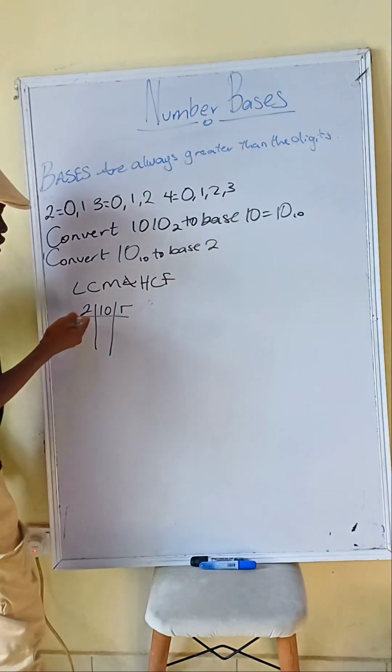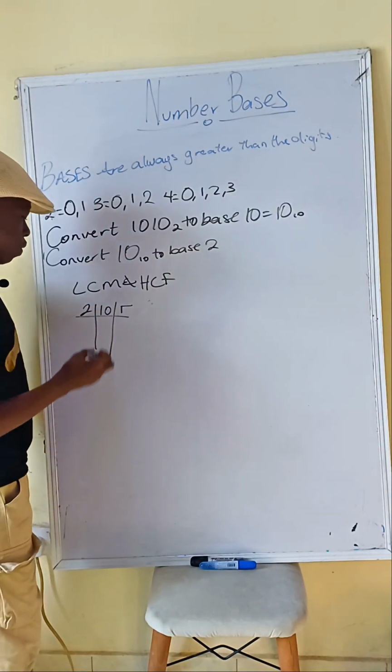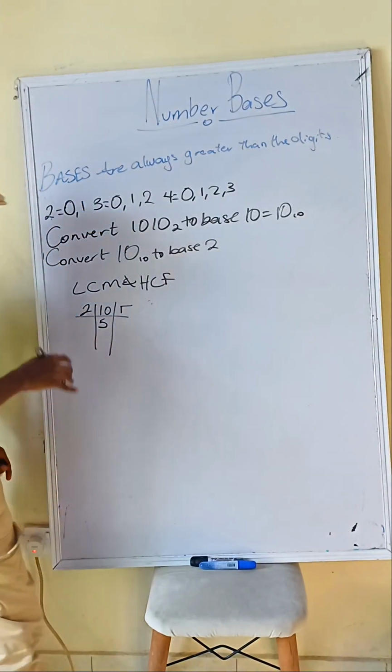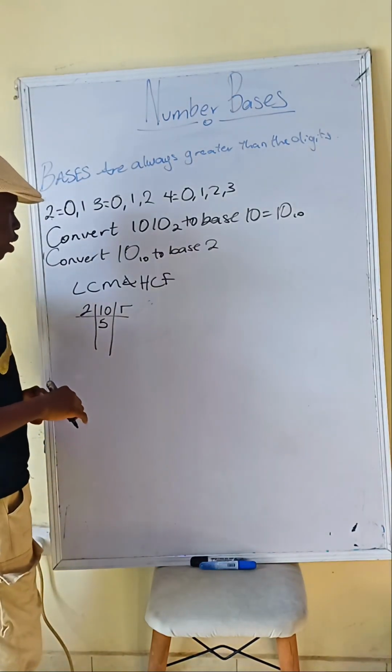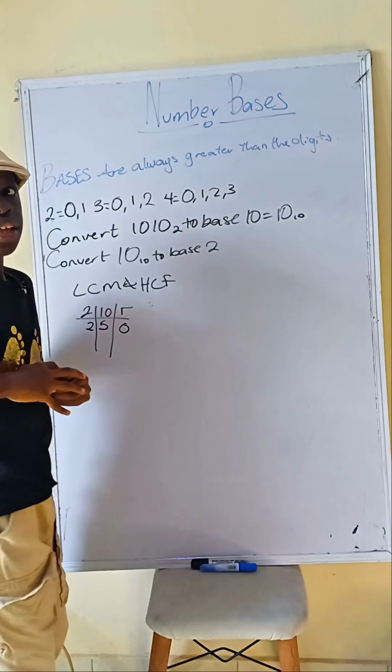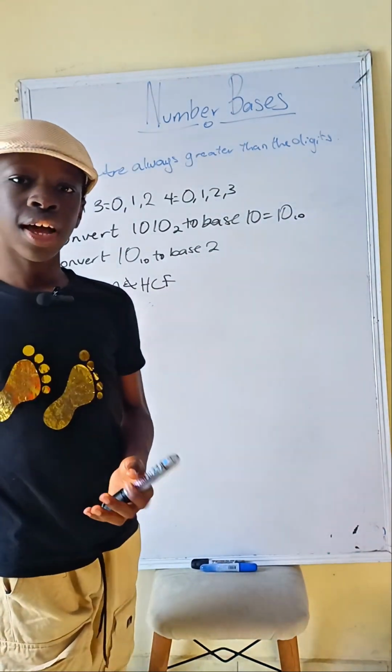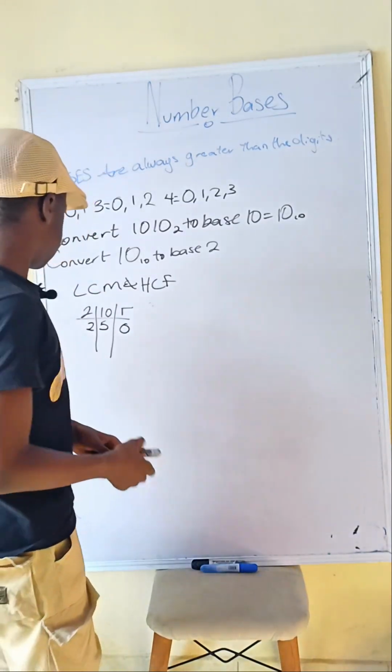So 10 divided by 2, 5. 2 times 5, 10. 10 minus 10, 0. That is because it has no remainder.